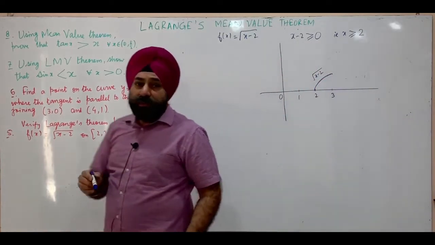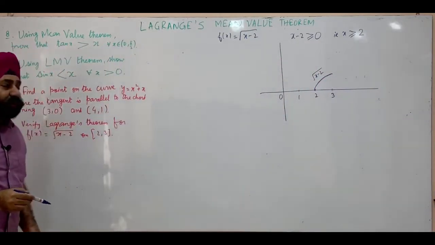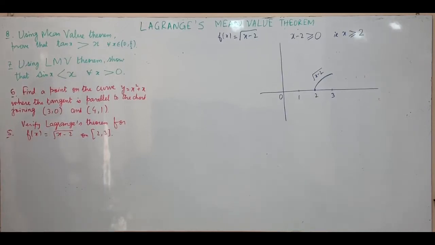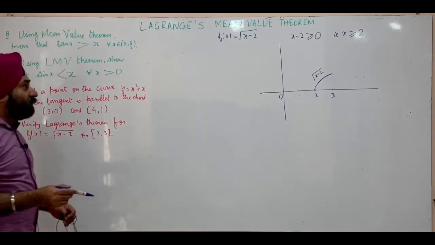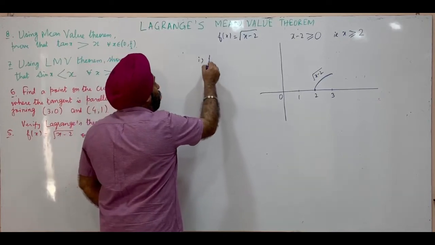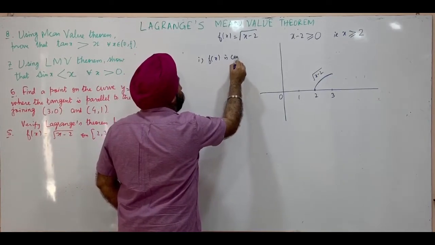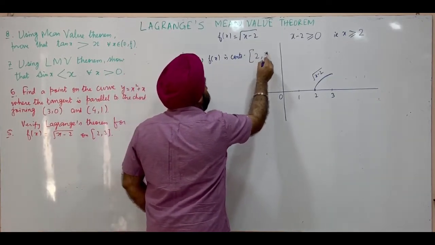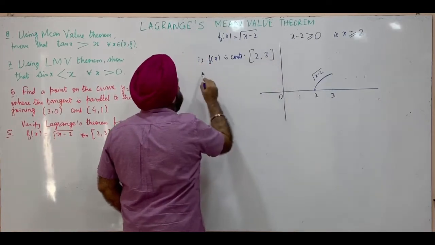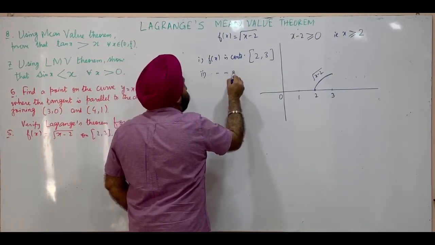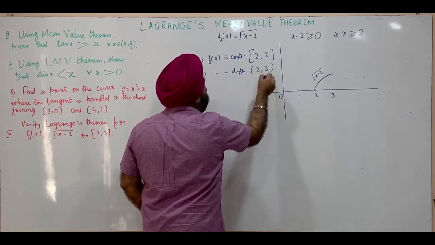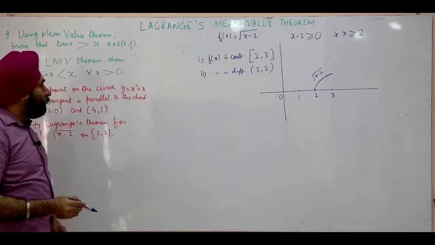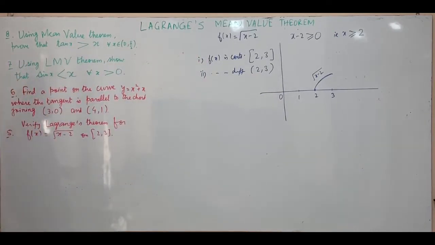So we can see the square root function is continuous in its domain and differentiable in its domain. In particular, f of x is continuous for the interval from 2 to 3, and f of x is differentiable for the open interval 2 to 3. That means f of x satisfies both the conditions of Lagrange's mean value theorem.